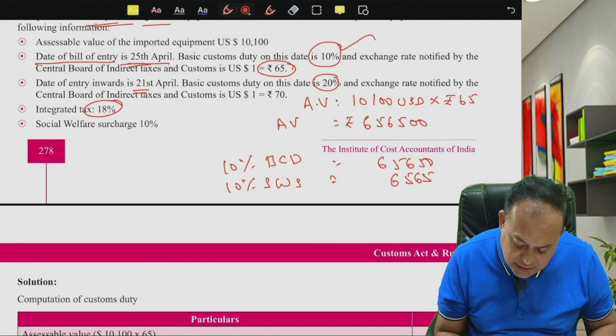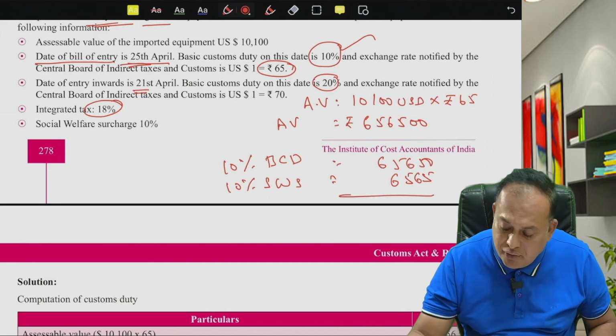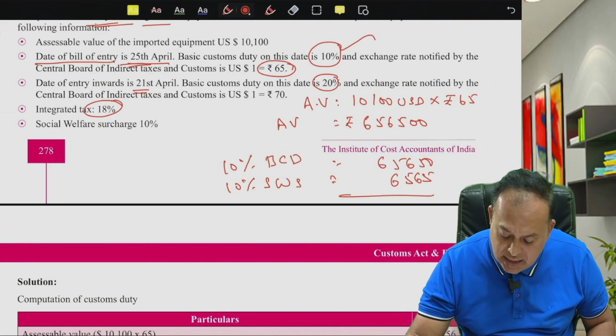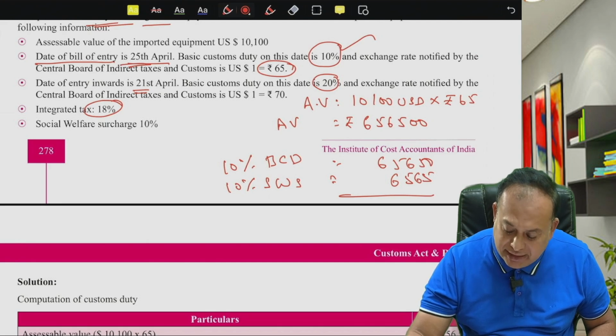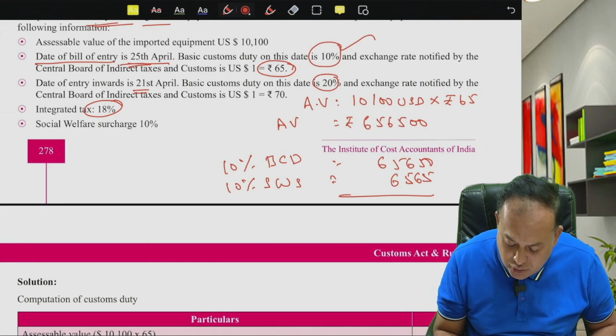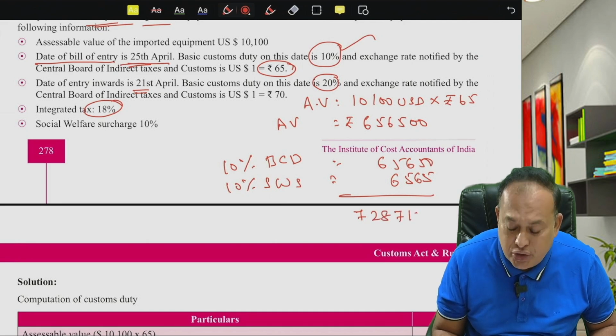IGST is on the total value. Therefore, first we have to find out the total value: 6,56,500 plus 65,650 BCD plus 6,565 social welfare surcharge, total equal to 7,28,715.